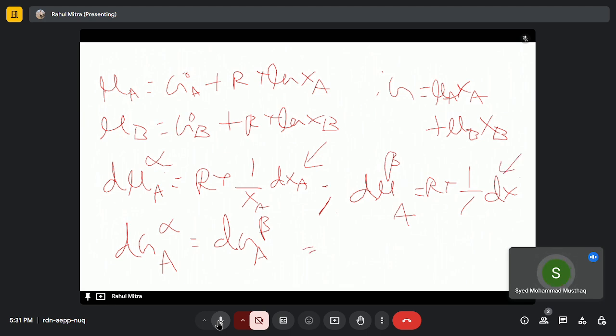So when this becomes equal, then the activities will be equal. Again, we can relate chemical potential to activities: mu equals RT ln G naught of A plus RT ln a.